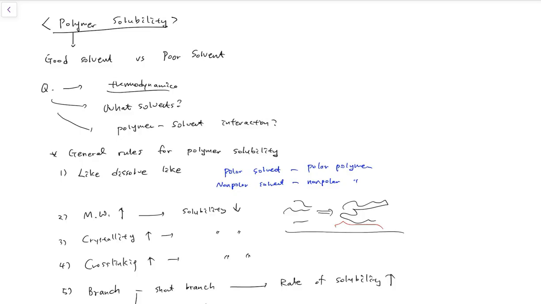On the other hand, if there are long branches, long side chains, because of the entanglement between these long polymer chains, it makes the individual polymer chains separate from each other, so solubility decreases. Okay, these are the general rules about polymer solubility.